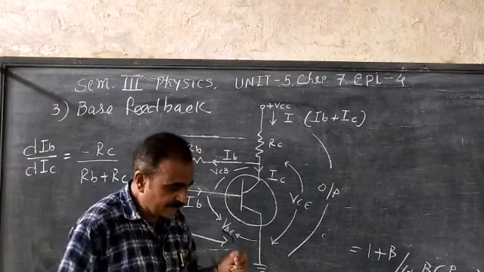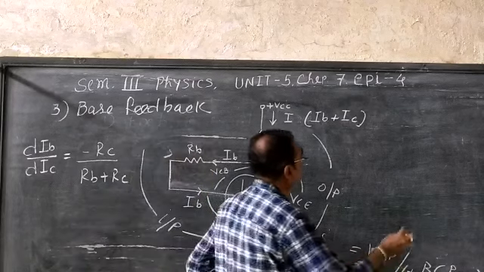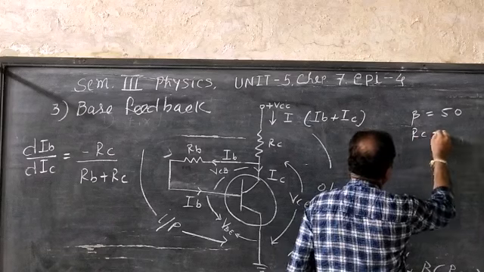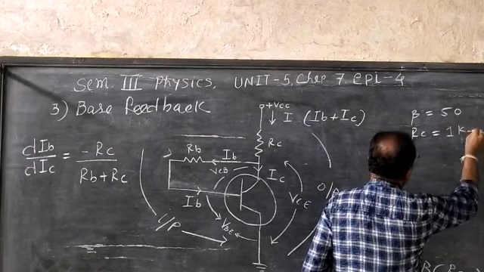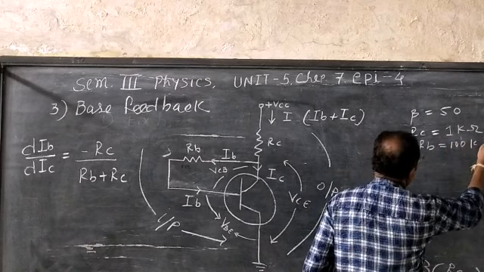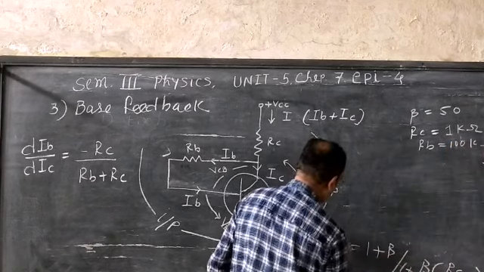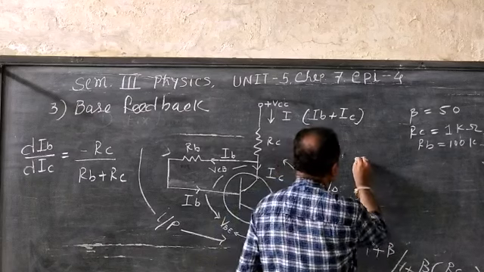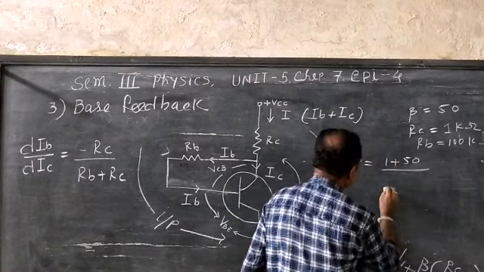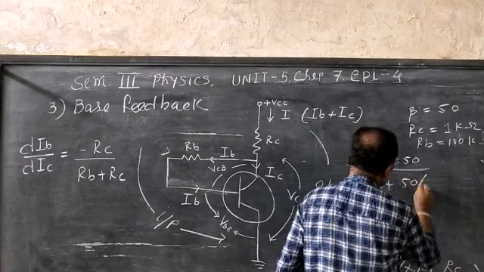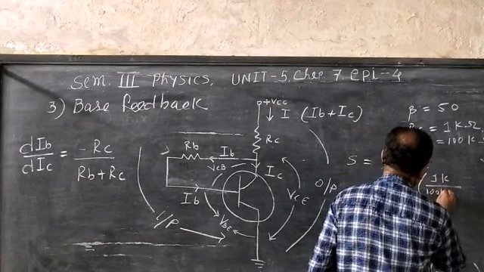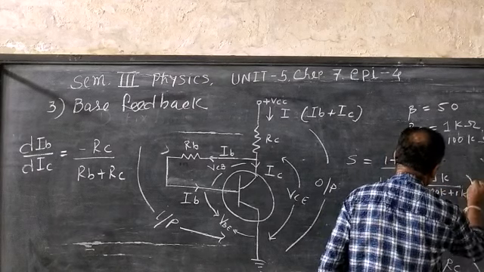Suppose the beta of the transistor is 50, RC is equal to 1 kilo ohm and RB is quite large, 100 kilo ohm. Let us put the values in this equation of the stability S. So S is equal to 1 plus 50 upon 1 plus 50 into bracket 1k upon 100k plus 1k.